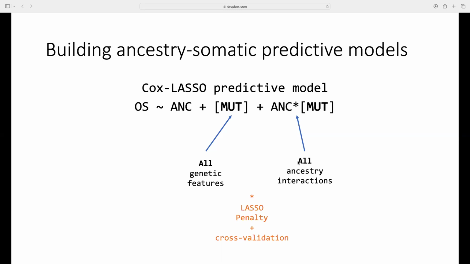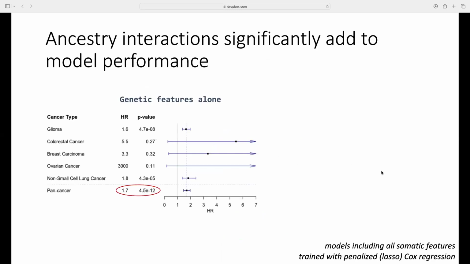And under the hood, we're running a machine learning model that appropriately penalizes and fits all of these parameters together. When we fit this model without the ancestry component, what we see is that, and again, this is something that's been observed in the literature, it is possible to predict patient survival using these somatic features alone.